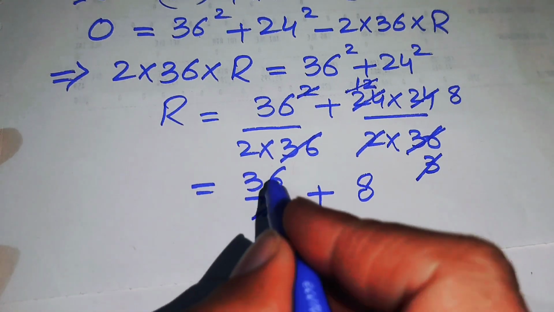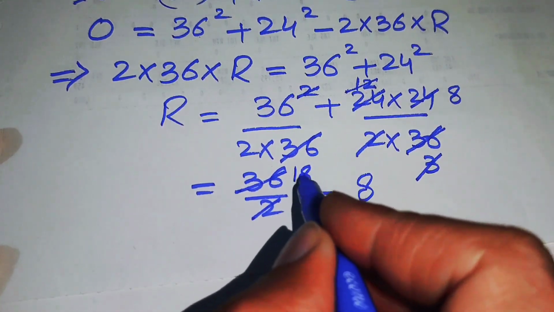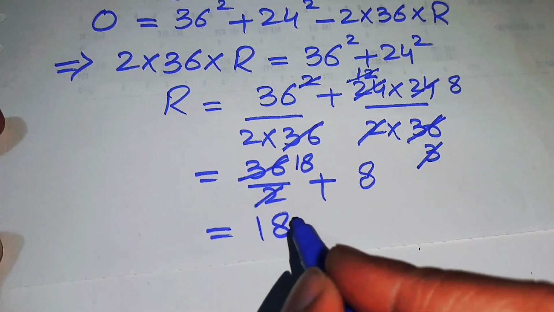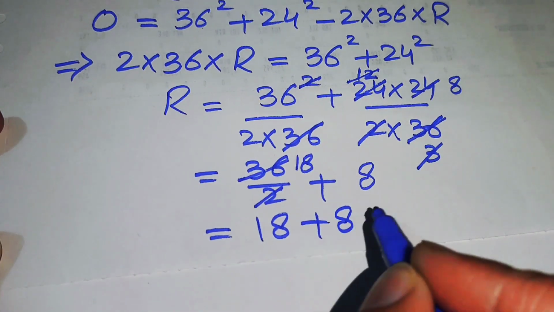And 2 18s are 36, so finally we get 18 plus 8.